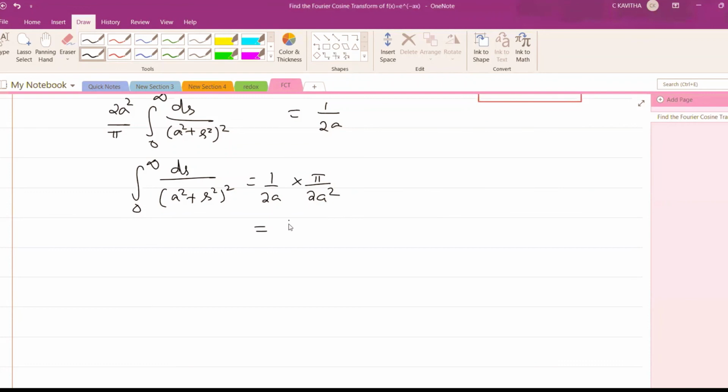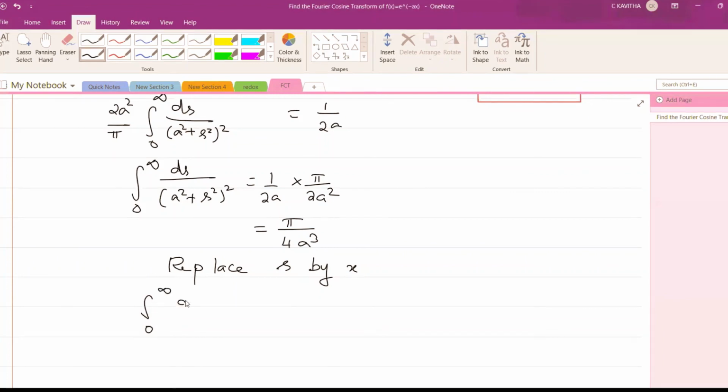So the right hand side will get pi by 4a cube. Now we have to replace s by x because in the given problem it is given in terms of x. Therefore, integral 0 to infinity dx divided by a square plus x square the whole square is equal to pi divided by 4a cube. This is the required result.